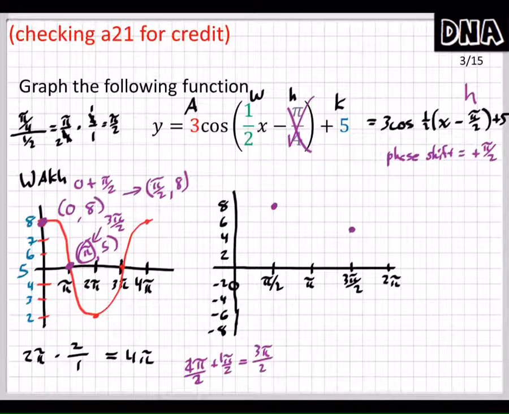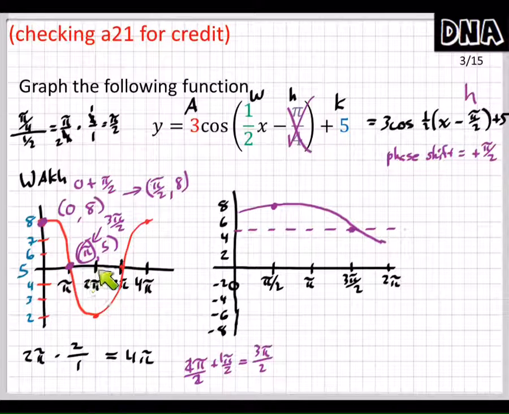So if I go to 3 pi over 2 right here, I have to go up to 5. Hey, let's draw our midline in there. That always helps. See the midline right there? Okay, so this is what our graph is going to look like. We're only going to see that. I mean, we know it goes down, right? But do we know where it goes?